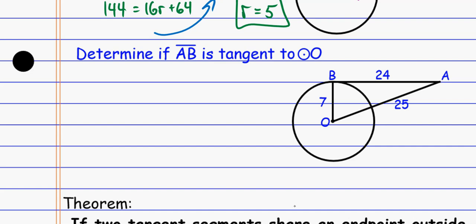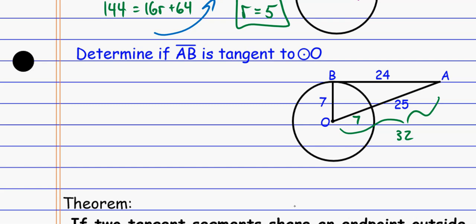And so once again, I'm in that same situation where this is a radius of 7, which means this entire side is actually 32 when I go to look at it. And so now I'm just going to look at this thing from the perspective of the Pythagorean theorem. Remember, the converse of the Pythagorean theorem is, if I can plug these in and it works, I must have a right triangle. Okay?